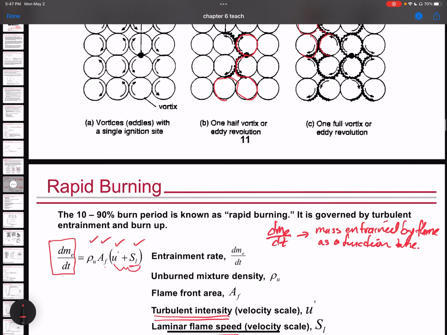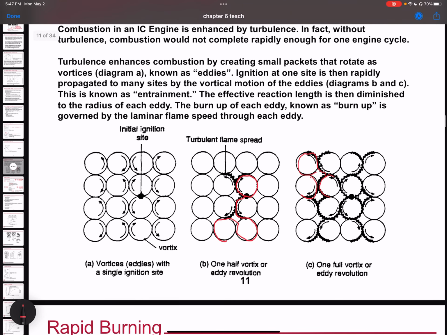So if you can imagine, if we go back here to our ink roller example, if you imagine that each one of these little circles is a fuel-air eddy, we can go ahead and define, say for this fuel-air eddy, a diameter, and this diameter is basically lambda.